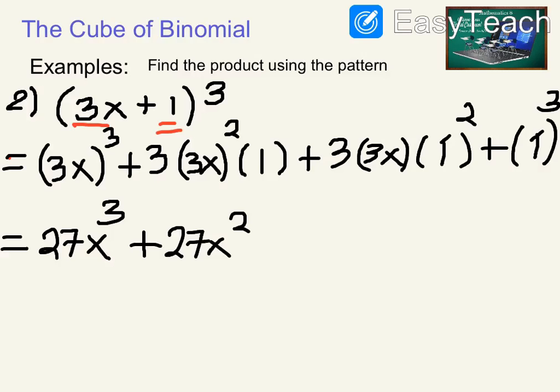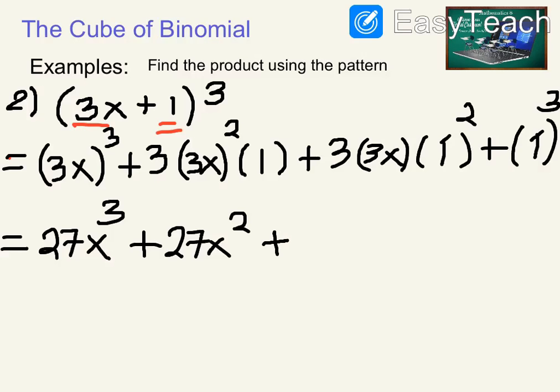Nothing will happen, but it is also customary to write 1. So don't forget the 1 there.